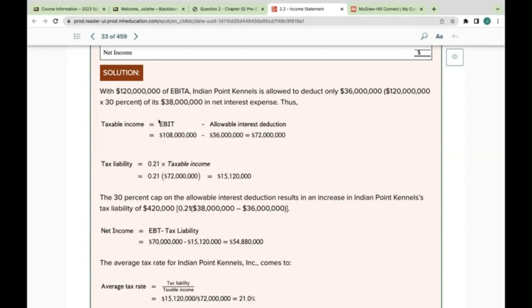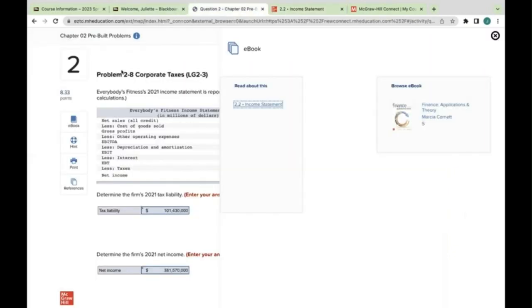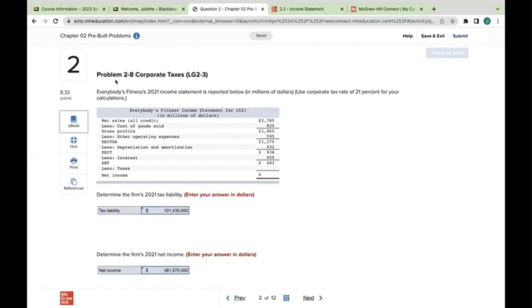I don't know, it really confused me. Go back to the chapter problem. Don't you see it says EBITDA, DA, depreciation and amortization? Yeah. Okay, and what did the book say?